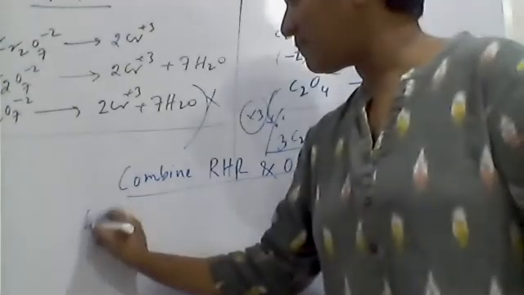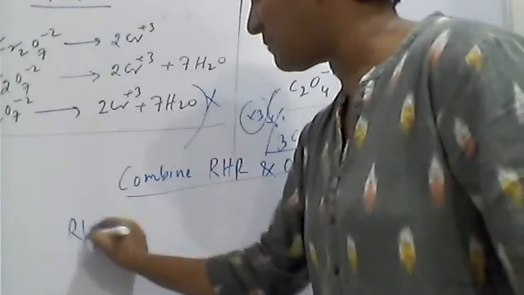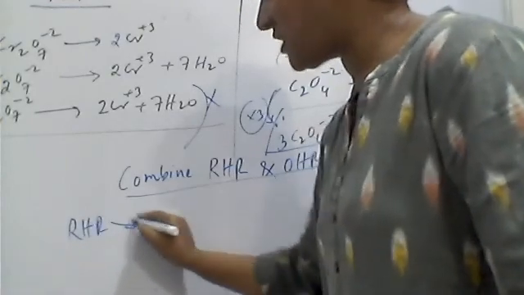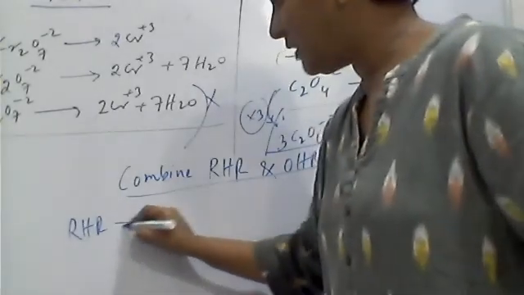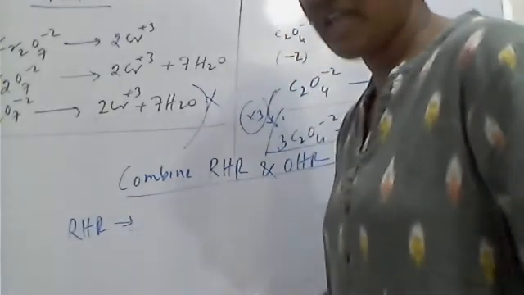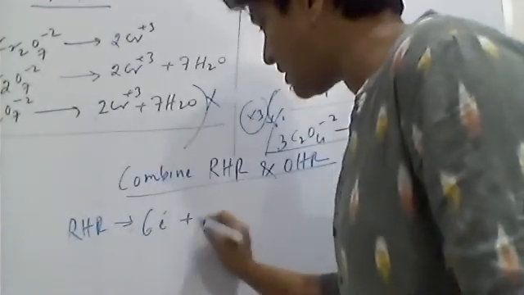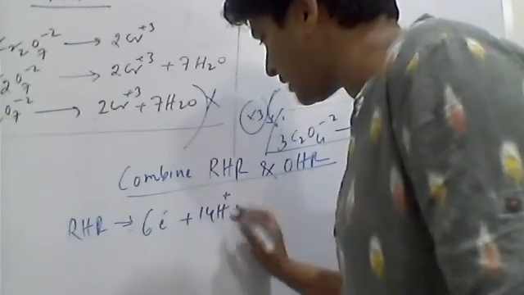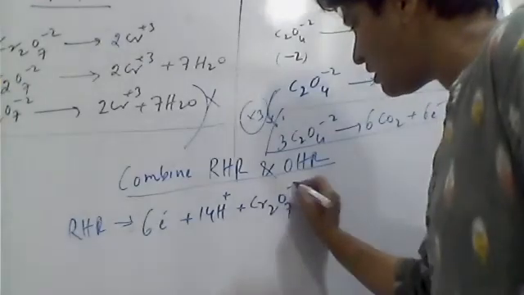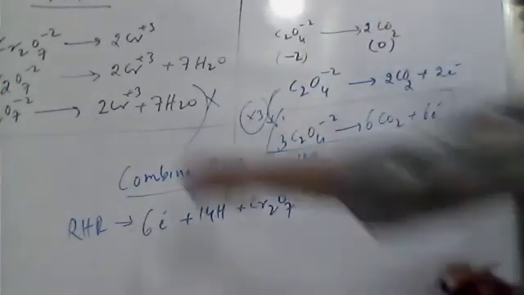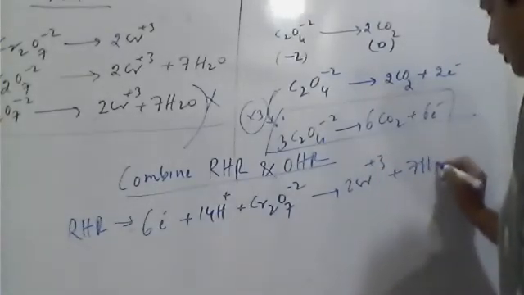So see beta here. What is the reduction half reaction? This one is the reduction half reaction: 6 electrons plus 14 H plus plus Cr2O7 2- equals 2 Cr 3+ plus 7 H2O.